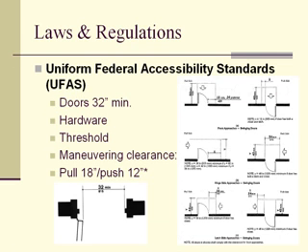But in general, again, we should try to at least meet these minimum standards. Now, there are additional maneuvering clearance requirements, because these two that we're talking about are for a forward approach to the door, when somebody is walking directly towards that door. There are additional requirements when somebody is walking parallel to a door and will pull that door open or push it open. At that point, there's a big series of options and requirements that have to be met, but it's best to refer to the book than to go over every single one of them because they're very complicated.